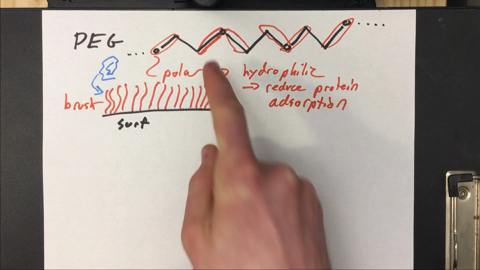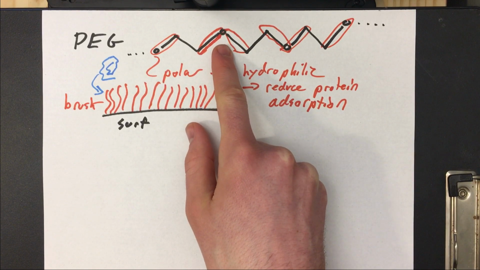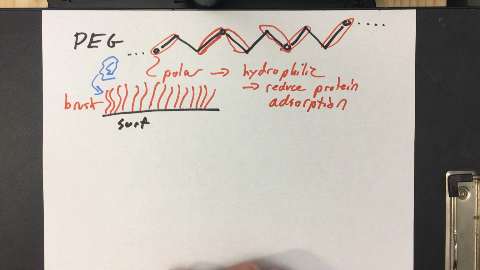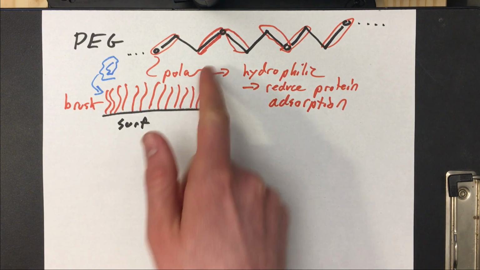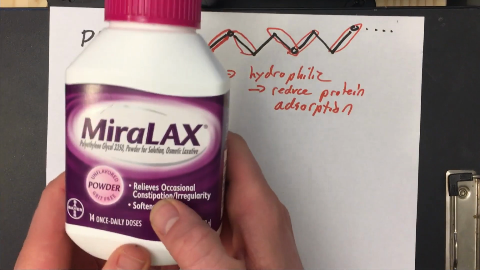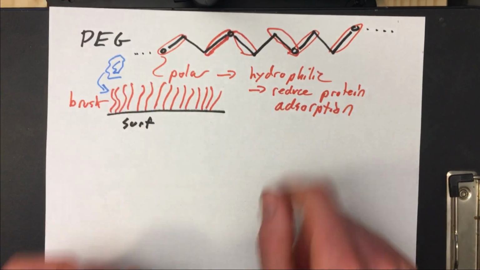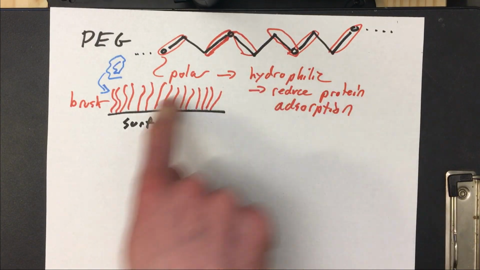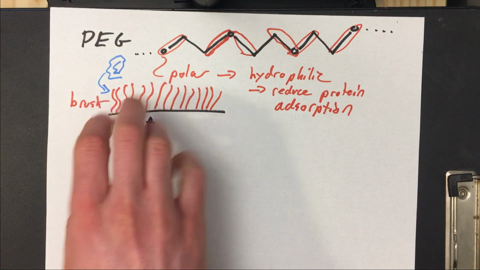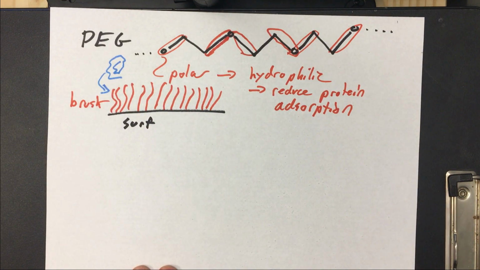So it basically forms a hydrogel in your poop and makes your poop nice and soft and hydrated and easier to pass. So it's less stiff. So for the same hydrophilic reasons why PEG is used as a stool softener, the hydrophilicity of PEG is also used to bind to surfaces to grow polymer brushes that can basically reduce protein adsorption.